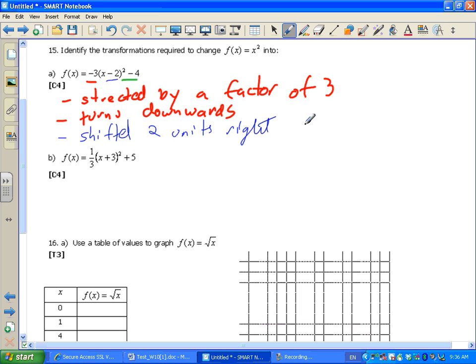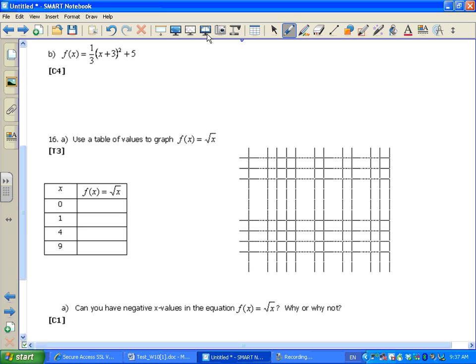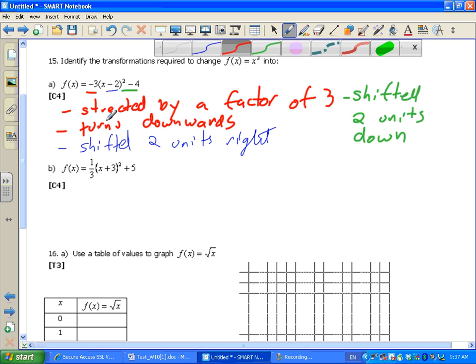And finally, our K is negative 4, so it is shifted 2 units down. Yeah, it turns downwards. That was the second one we wrote.